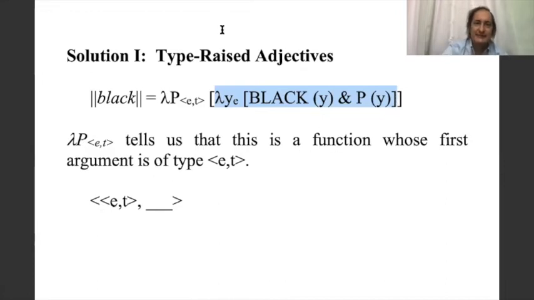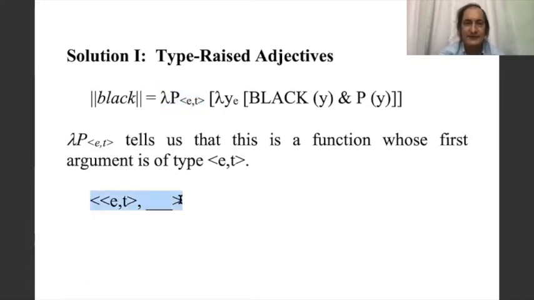But just looking at this part, lambda P sub ET, that tells us that black, this new black, is a function whose first argument is type ET. And from that, we can give part of the information of what type this expression is. It's a type that takes something of type ET and gives back something else.